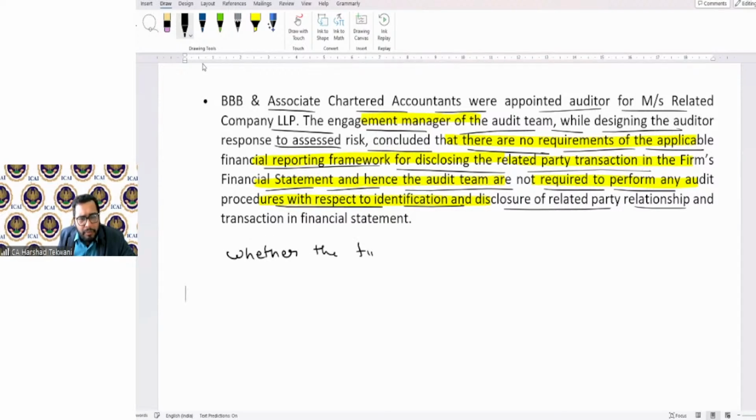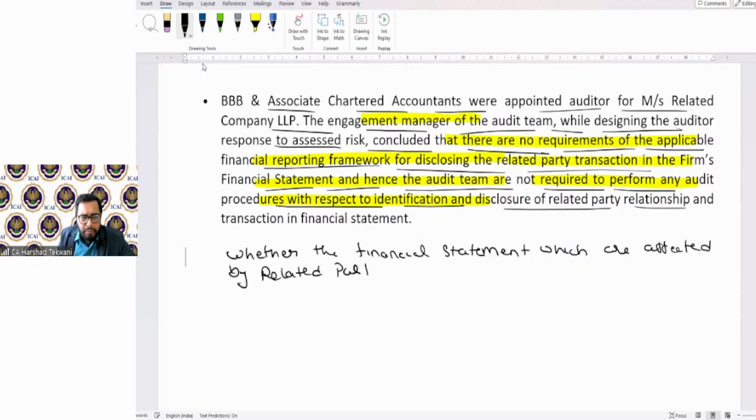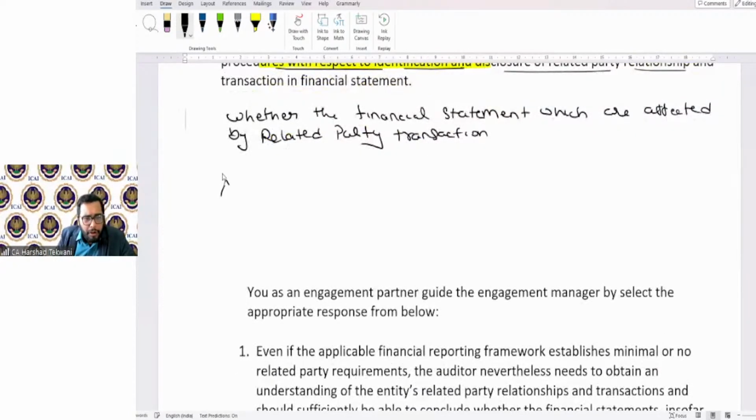the financial statements which are affected by related party transactions achieve a true and fair presentation and are not misleading.